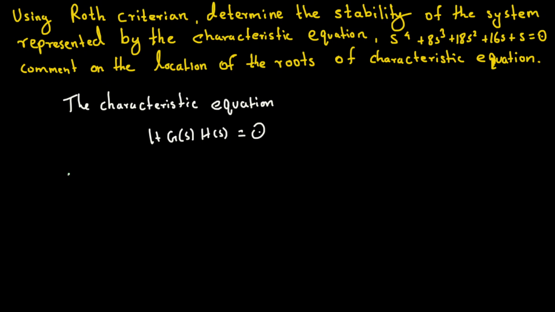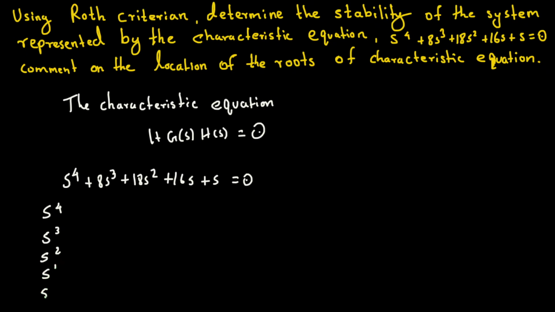So the characteristic equation we have is s^4 + 8s^3 + 18s^2 + 16s + 5 = 0. Here we have to look at the powers: s^4, s^3, s^2, s^1 and s^0.